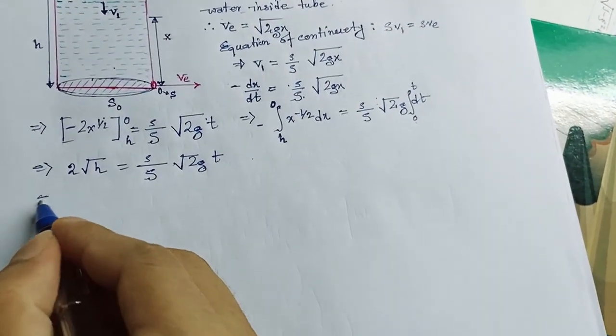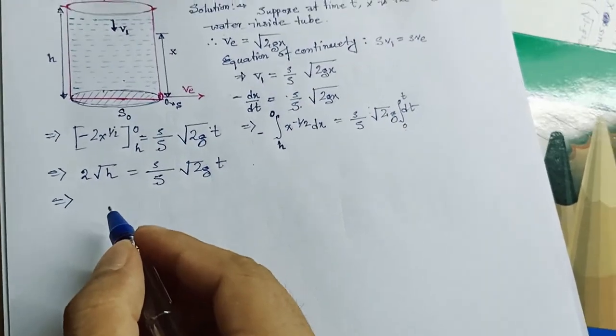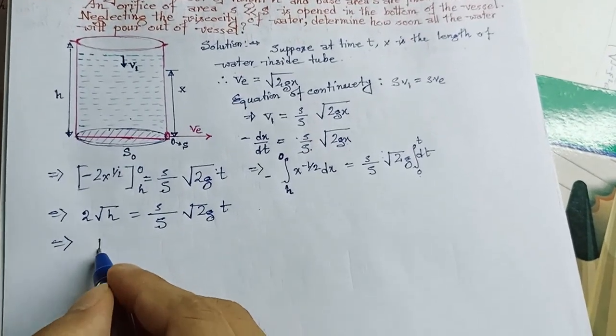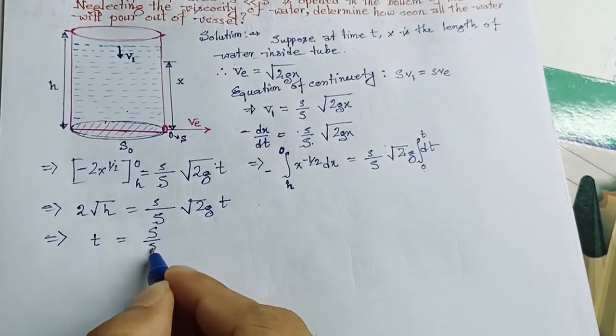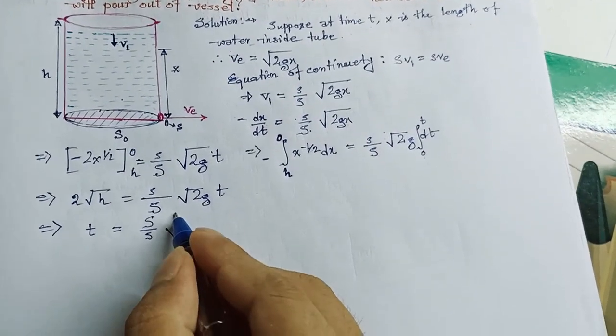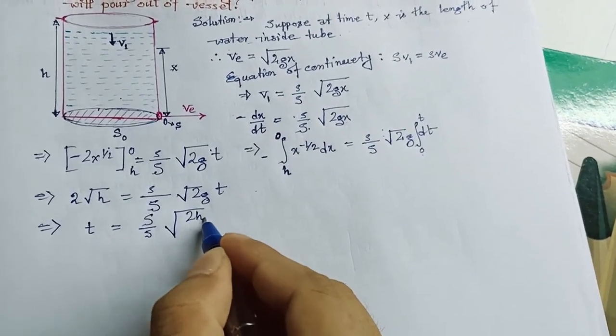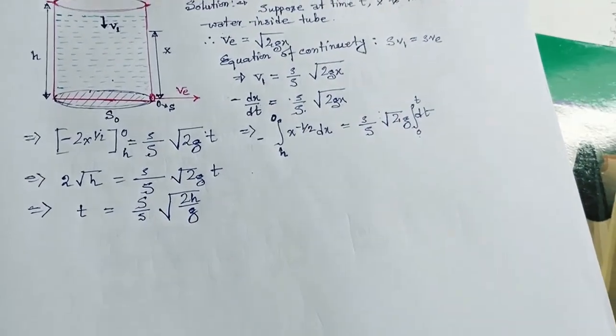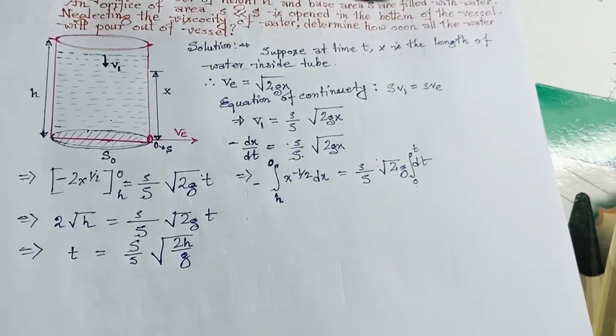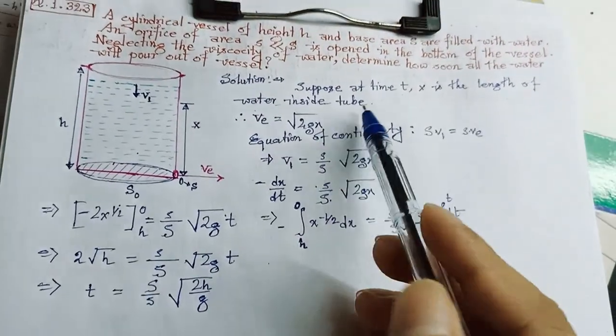So from this equation we can write the required time as t equals capital S divided by small s into under root 2h divided by g. So this is our required time to discharge the total water.